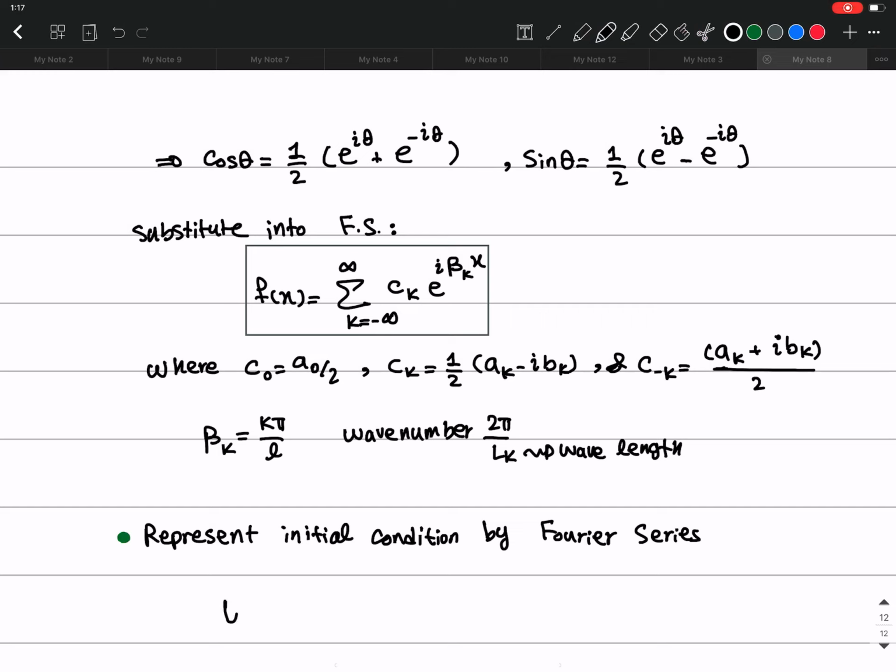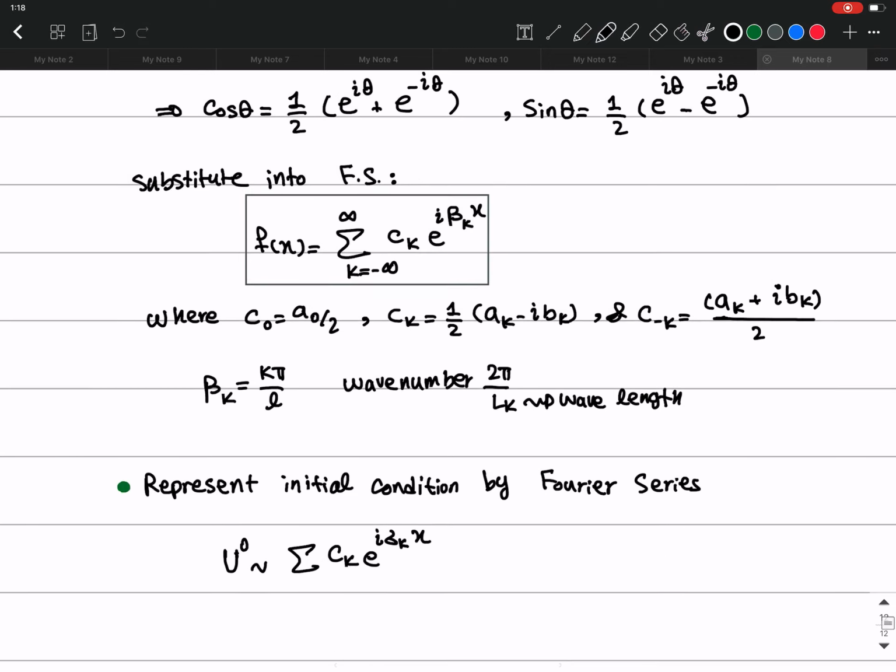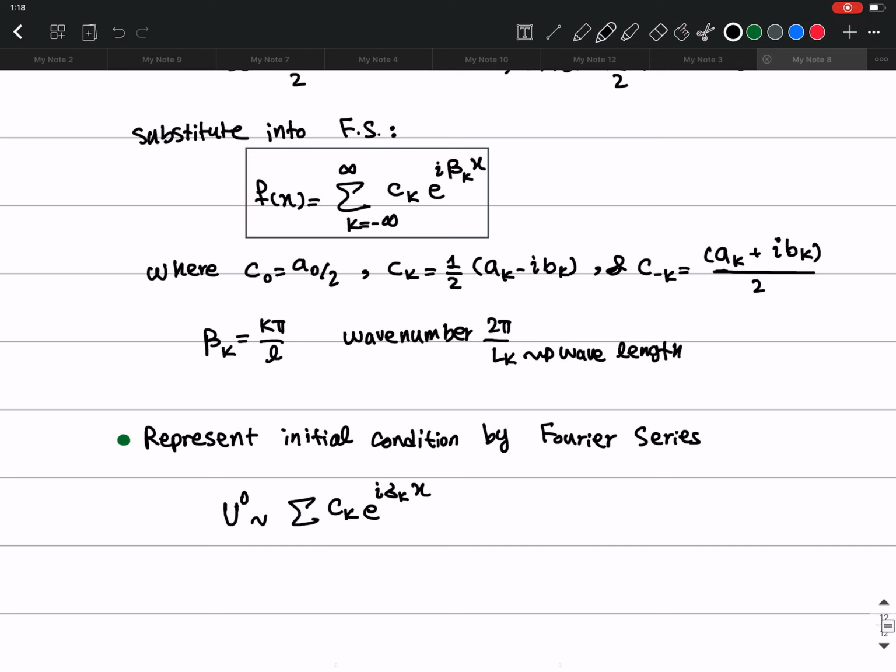That is, U0, U at time 0, we can just represent it with sigma CK e^(i sigma k x). You represent the initial condition by Fourier series, and I'm going to go through an example for that, but this is the general approach that you need to take.